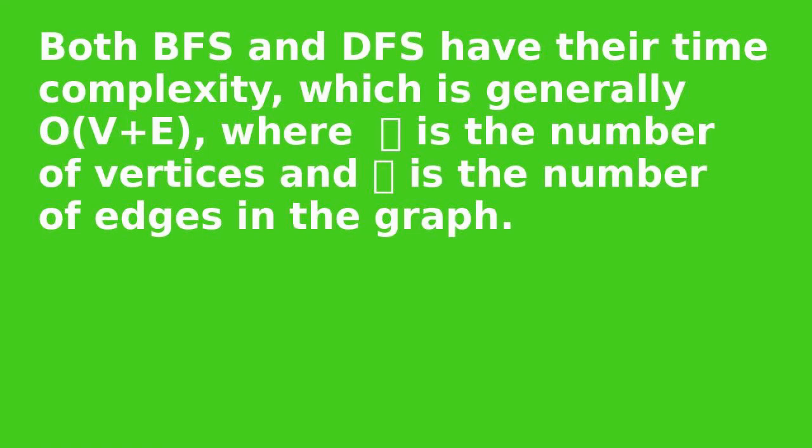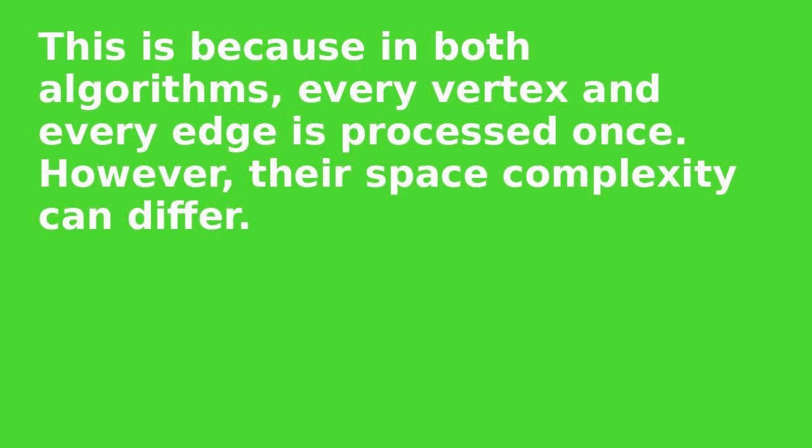Both BFS and DFS have the same time complexity, which is generally O(V plus E), where V is the number of vertices and E is the number of edges in the graph. This is because in both algorithms, every vertex and every edge is processed once. However, their space complexity can differ.